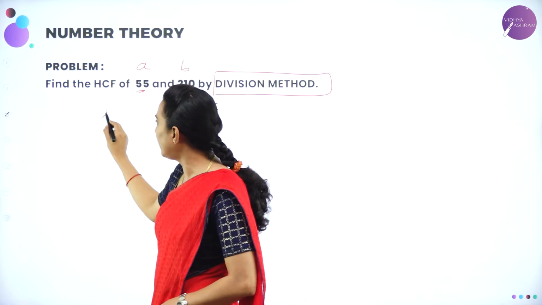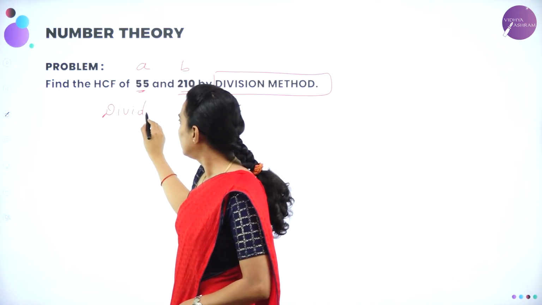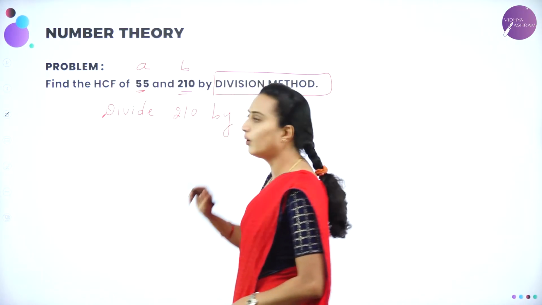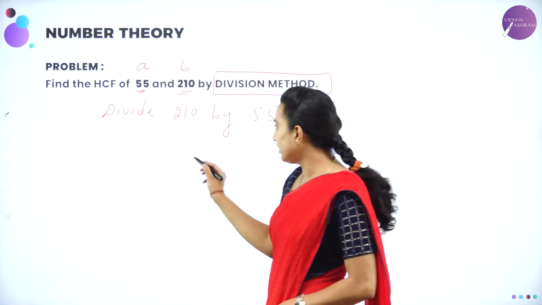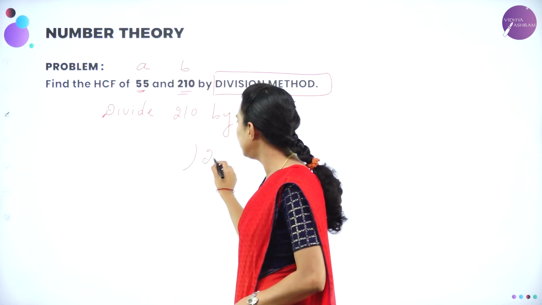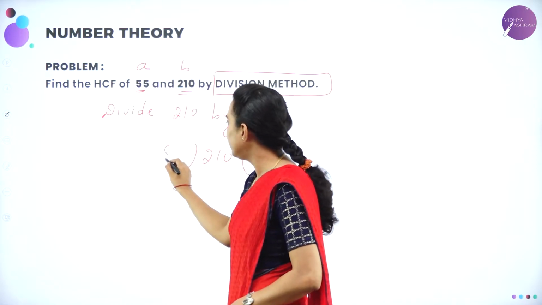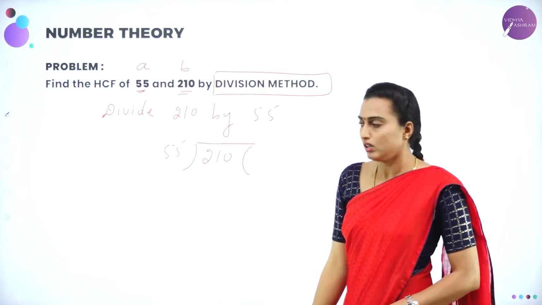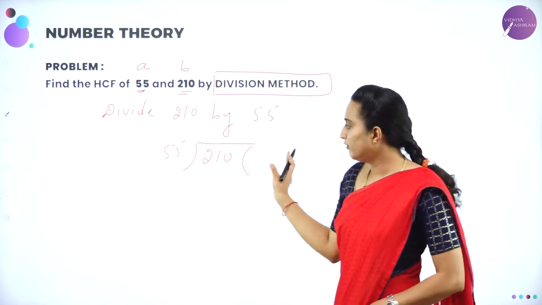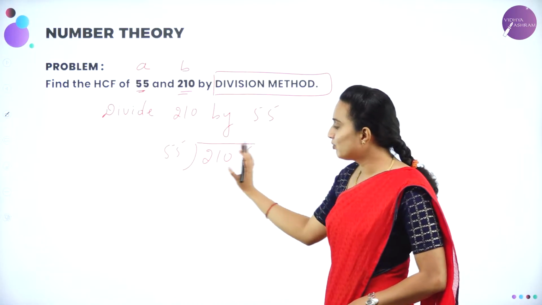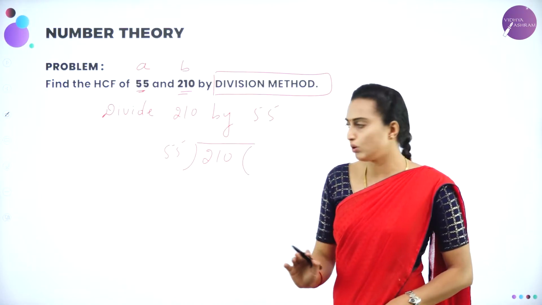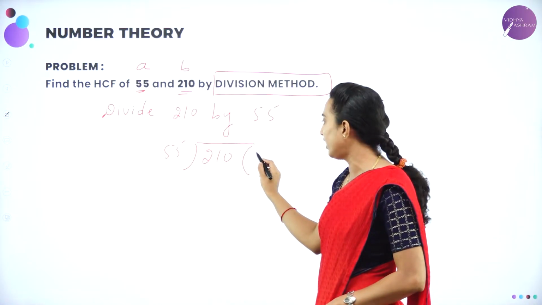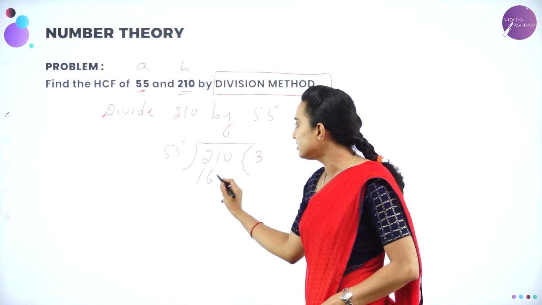Divide 210 by 55. This is how you are going to write the procedure. 55 ones are 55, 55 twos are 110, 55 threes are 165. 55 fours will go beyond 210, so I take 55 threes, which is 165.